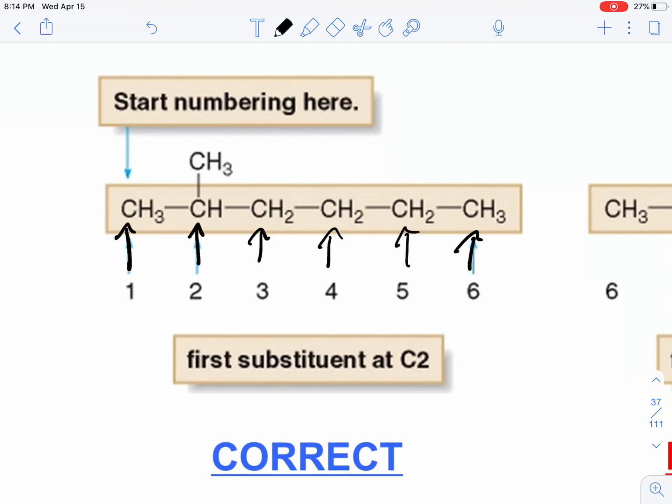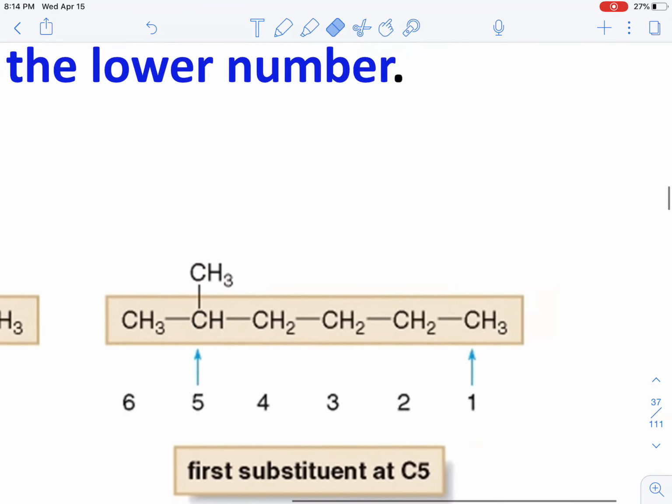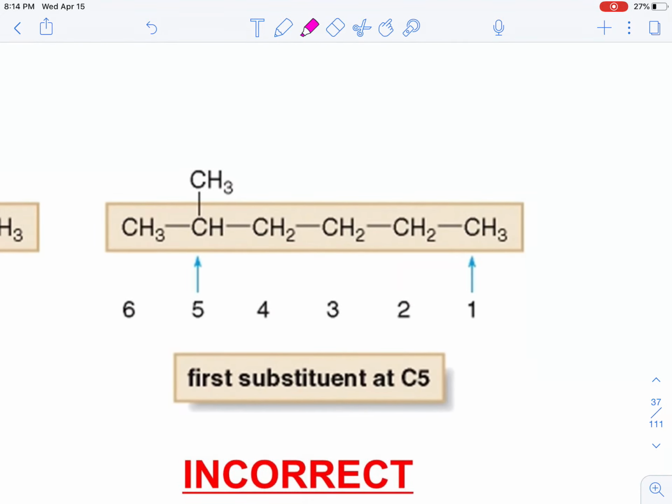Now, that's not the only way to number my carbons. I can actually do it in reverse. And so I can number this carbon as carbon 1, 2, 3, 4, 5, 6.